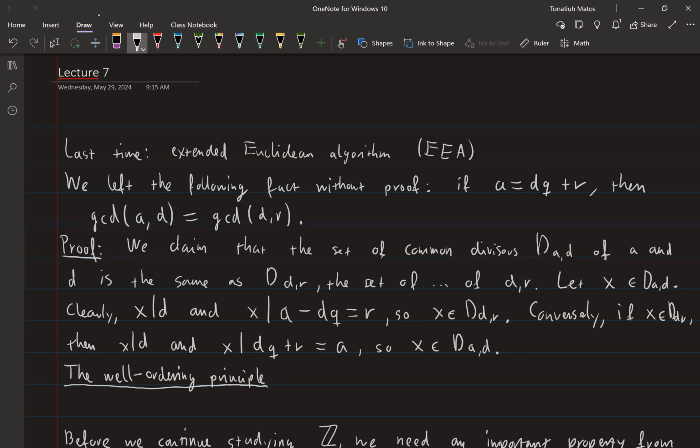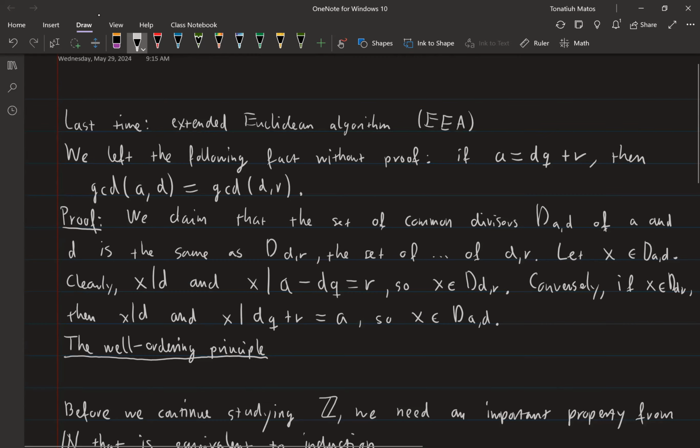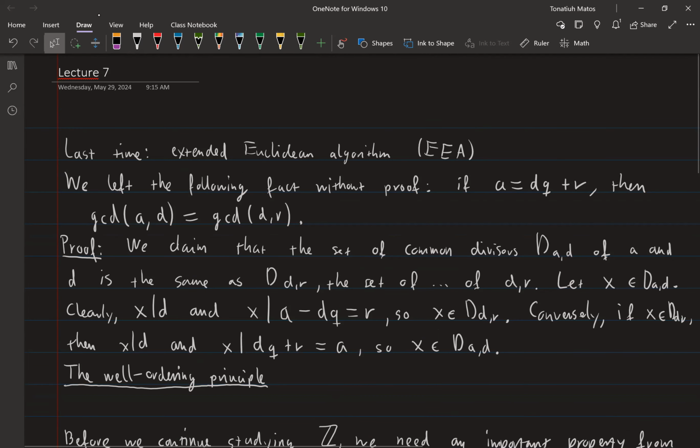Okay, so one consequence of the extended Euclidean algorithm, by the way, I didn't prove the whole algorithm. I didn't prove to you that the algorithm always works, that it terminates, that it halts in a finite number of steps, but I will leave those details up to you since that's more related to computer science than math, and I did explain why mathematically the argument is sound. But there's a different way of proving that the greatest common divisor can always be written as a linear combination of the elements.